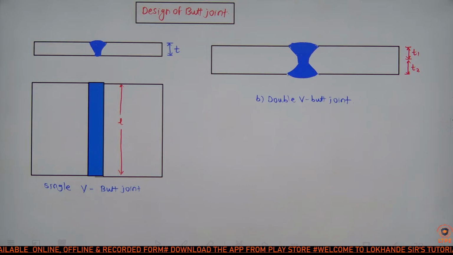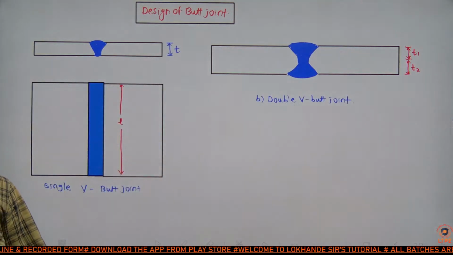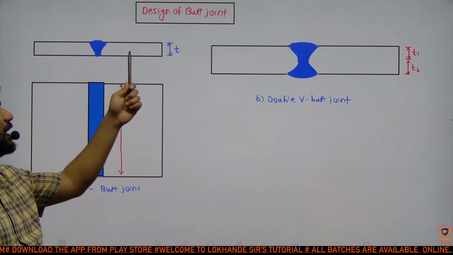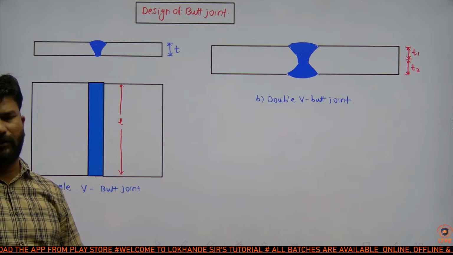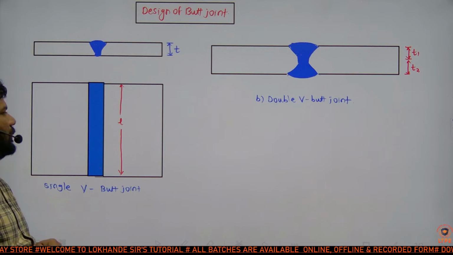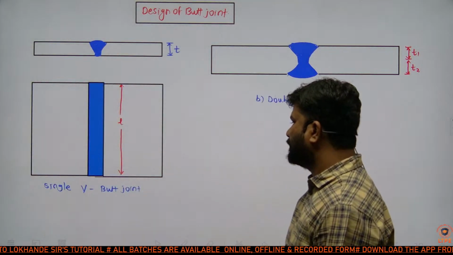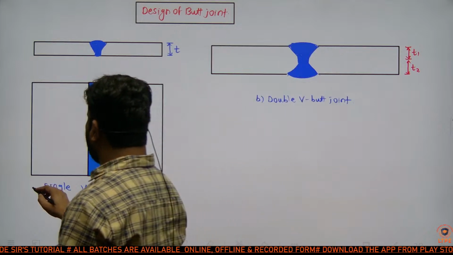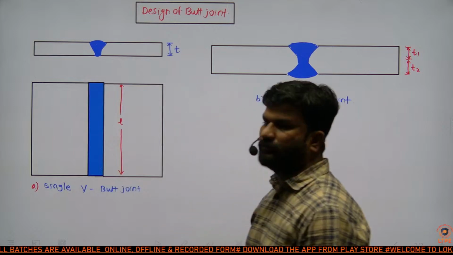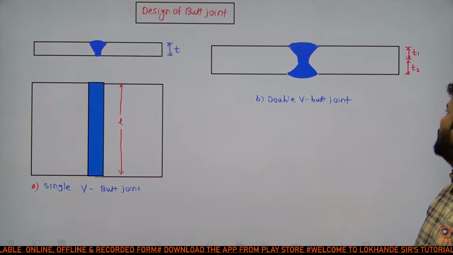In examination, lap joint is generally asked. But as a part of our syllabus, we must clear the design of butt joint also. So draw this first diagram only. Single V butt joint.